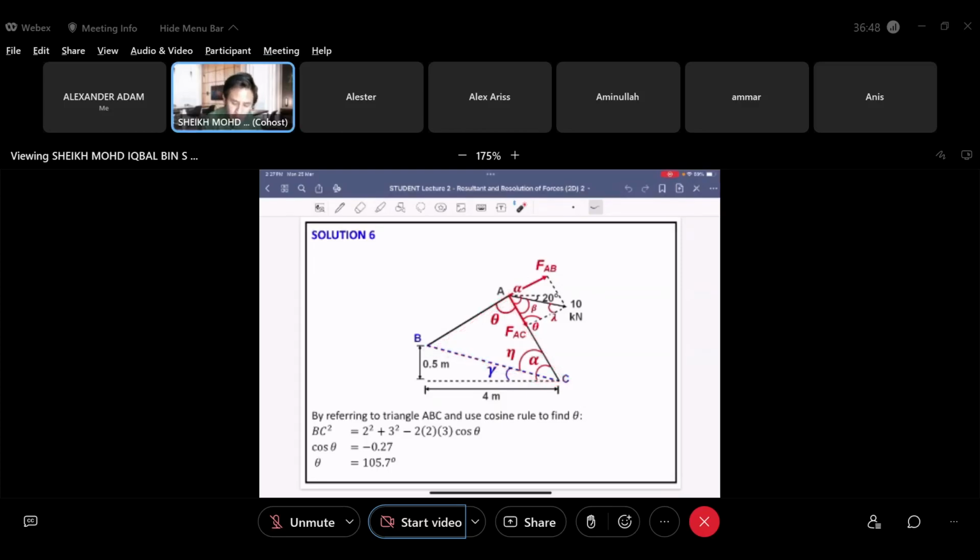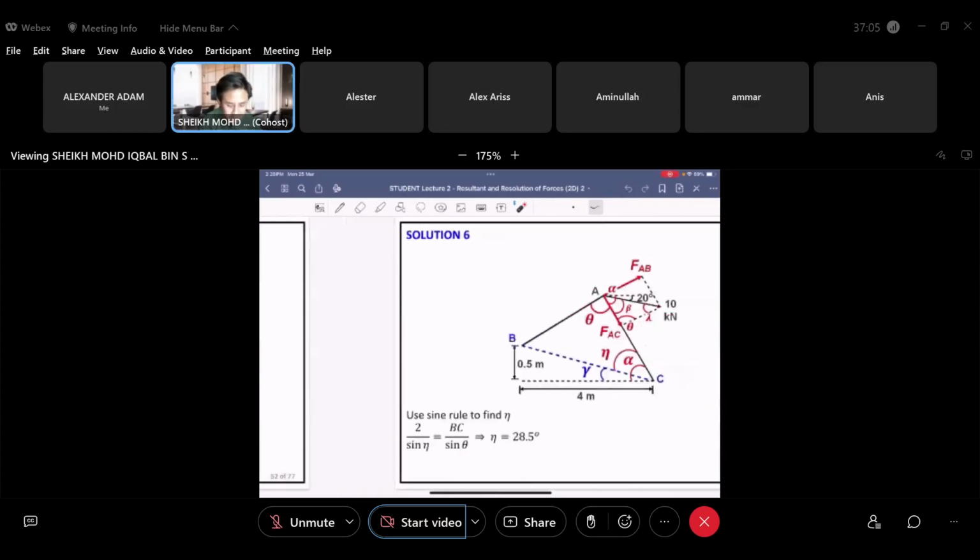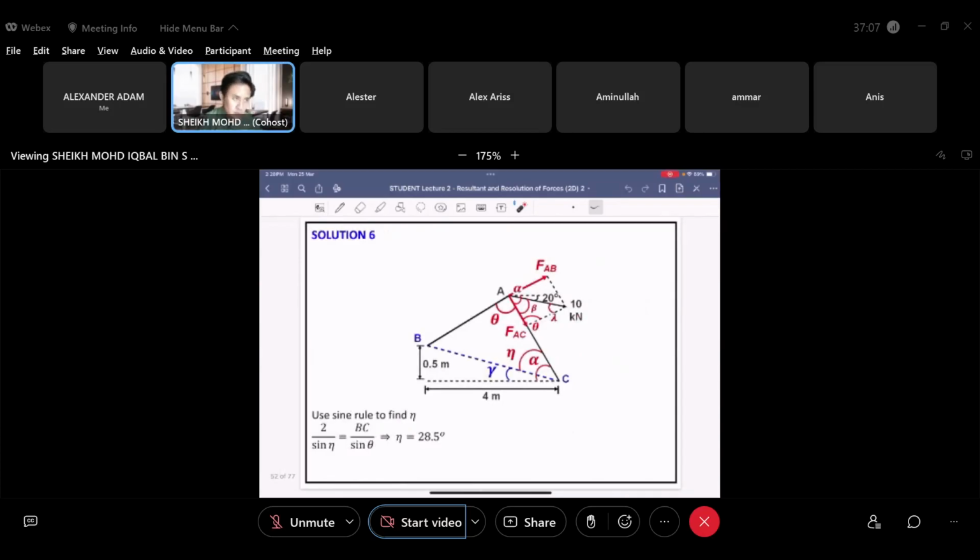Now, after we have calculated theta here, we can calculate this angle here, which is eta. So this one is called eta, and we can calculate it. How? By using the sine rule, right? We have sufficient data to use the sine rule here.